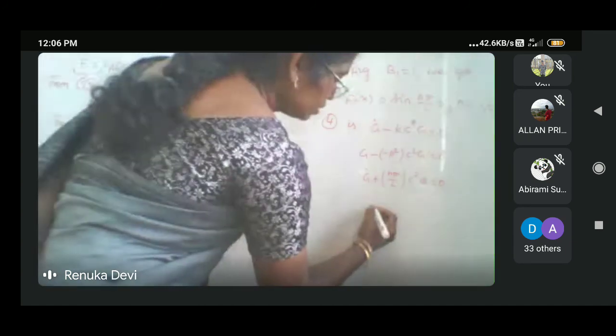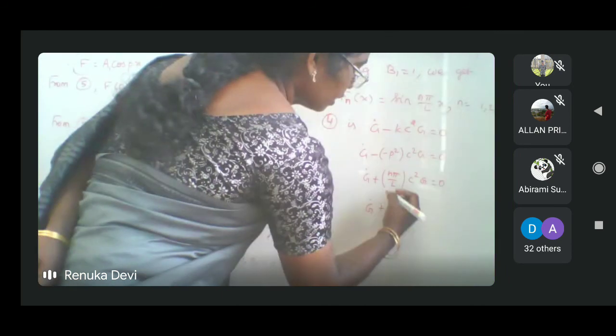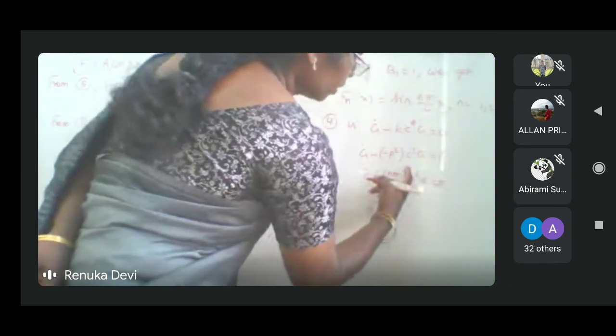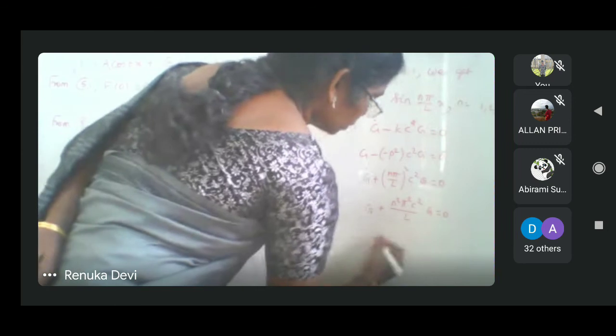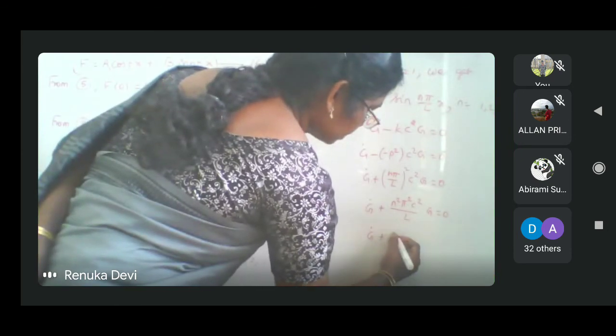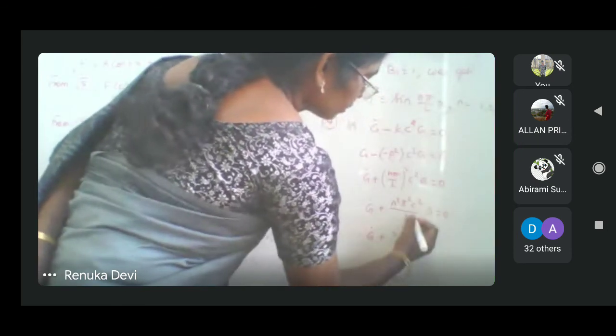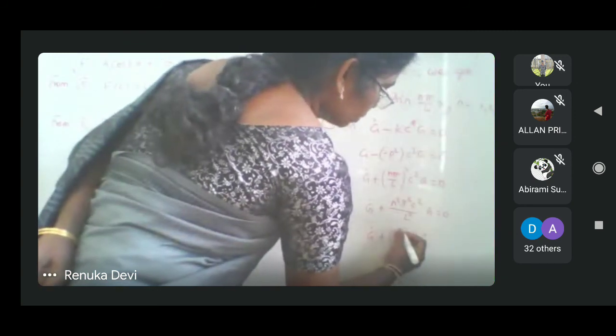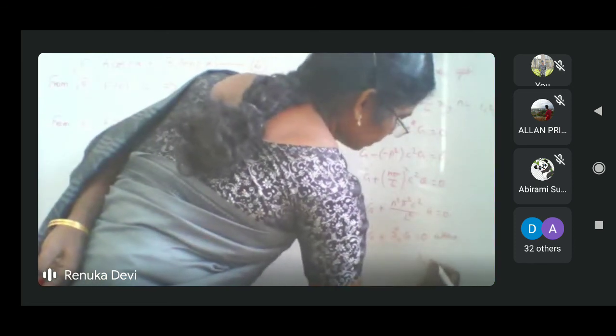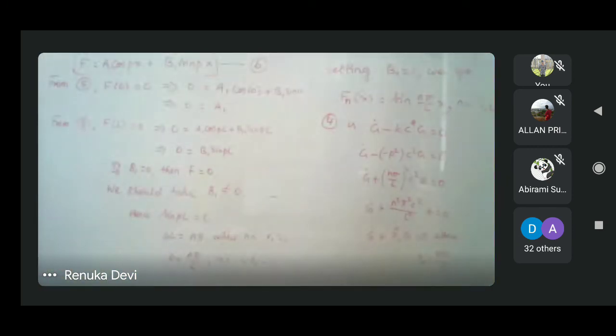Therefore, g double dot plus n squared pi squared c squared by L squared into g equal to 0. That is g double dot plus lambda n squared g equal to 0, where lambda n equals n pi c by L. Just to check whether I am right or not.